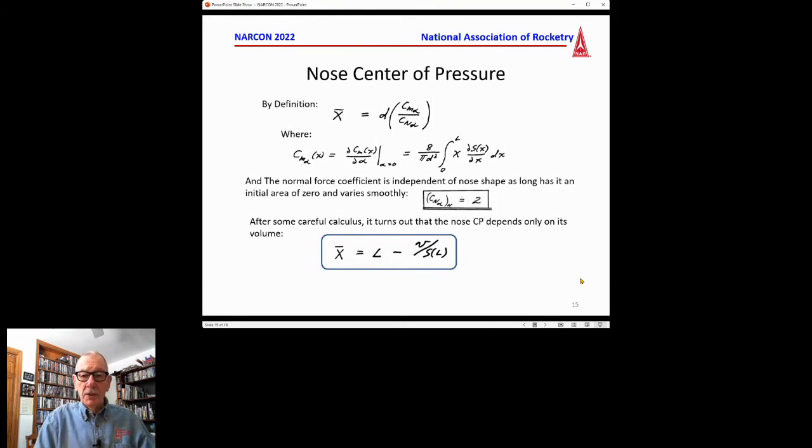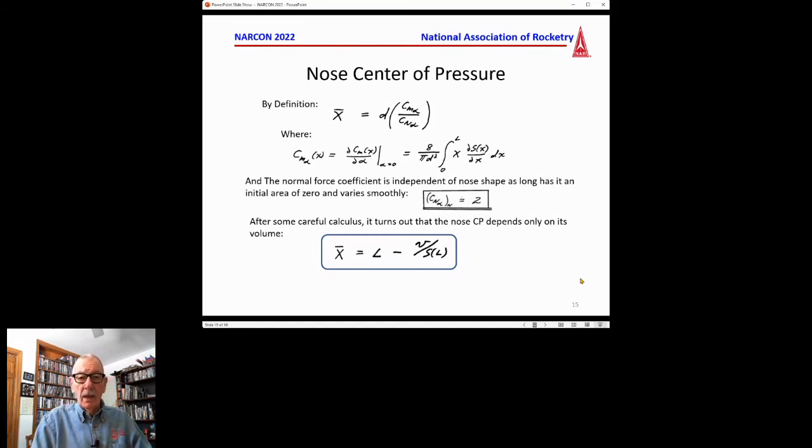Cm alpha, the moment coefficient, is a little bit more complicated because you're summing it up by x, that is as a function of the length over the rocket. So things change dramatically as you do that, even on a simple shape like a nose cone.